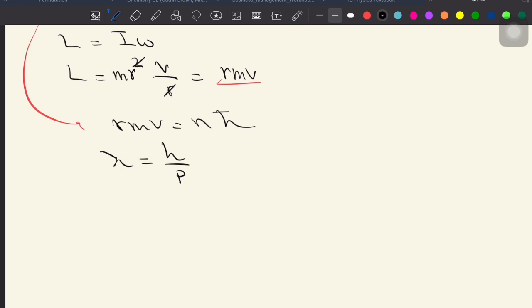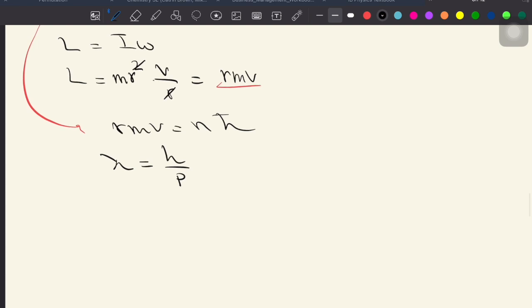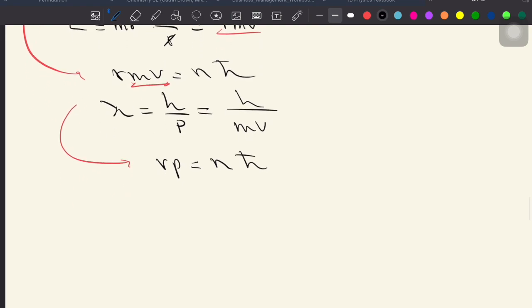And since momentum is mass times velocity, we can rewrite this in terms of momentum, and we'll be left with r times p is equal to n h bar.